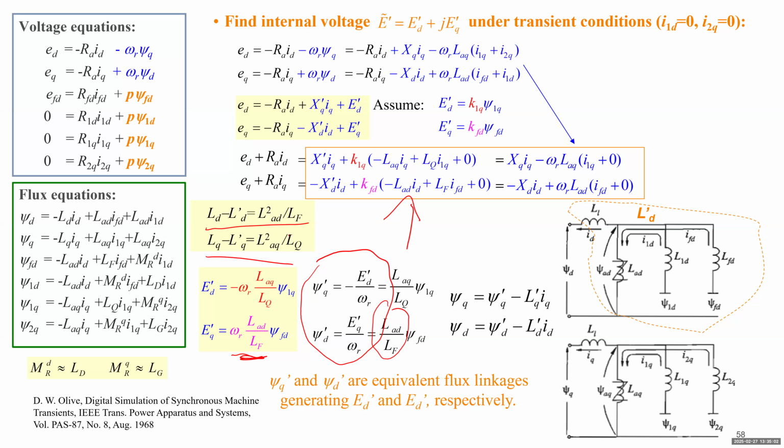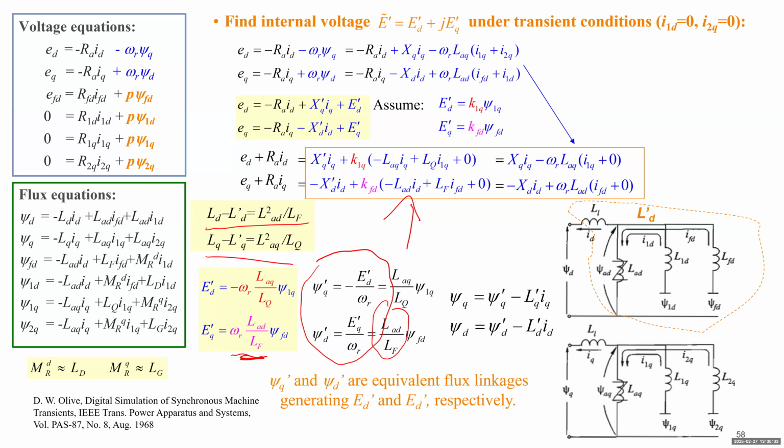I don't know which part will induce psi D prime in this equivalent diagram. All right, so this equation tells that psi D single prime is proportional to the field winding flux linkage, right? So that's what they tell you.